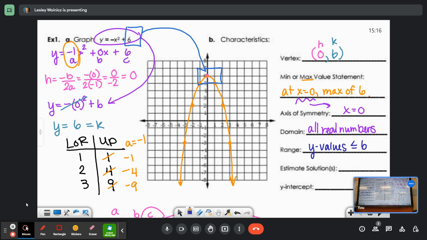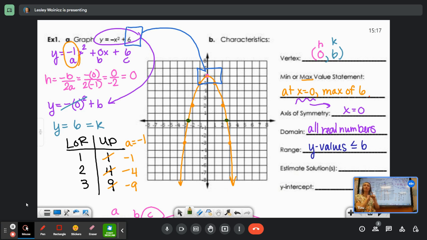Okay. What about our solutions that we can estimate? What are our solutions? How do we find them? I'll give you a hint. There are 2 on this one. Yeah, the ones on the x-axis.